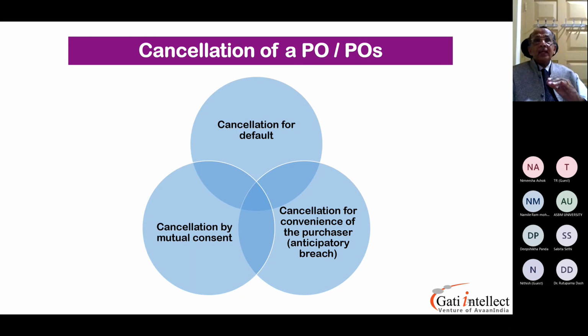Now, the only thing I would like to say as an overrider, all these facts should be incorporated in the contract. Then you have recourse when the time comes. Let's hope things don't happen that way. Is this clear now? How cancellation can be done? We will see that as we go along more in detail.